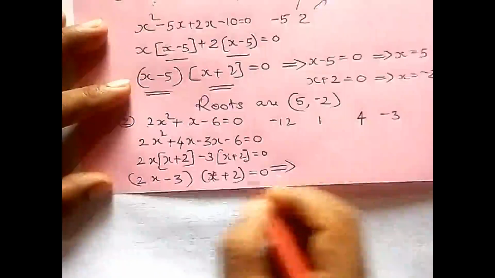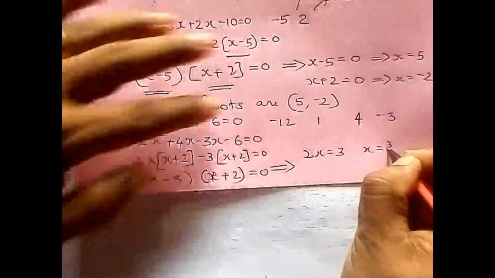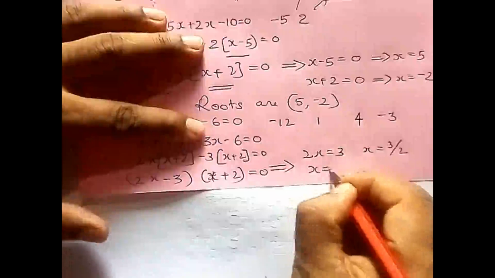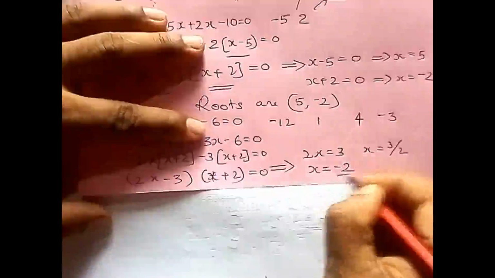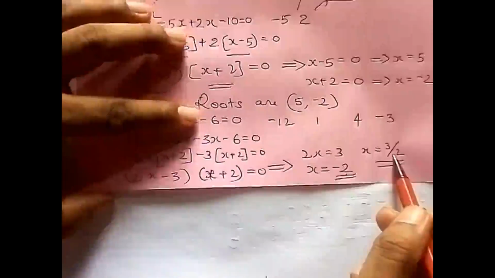That means 2x equal to 3, or x is equal to 3 by 2. X plus 2 equal to 0 means x is equal to minus 2. So we have the roots here, x is equal to minus 2 and 3 by 2.